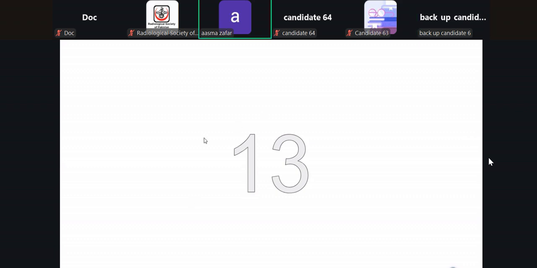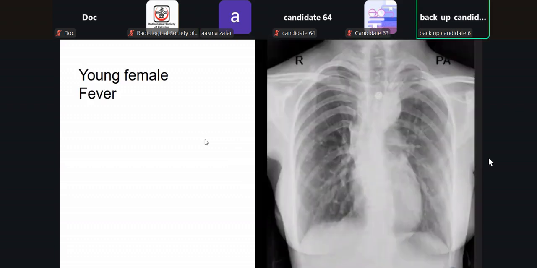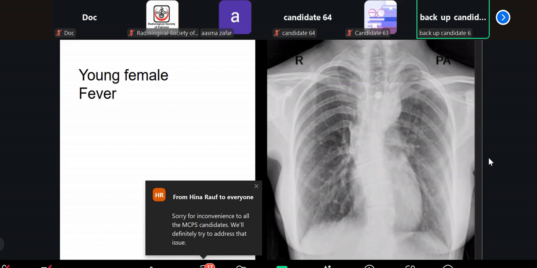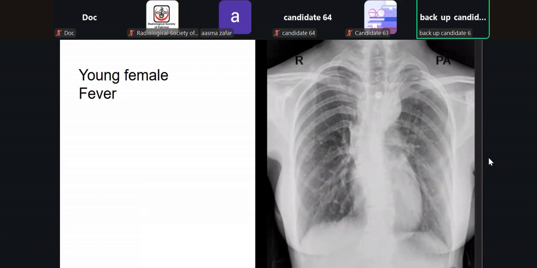Okay, next case. This is a young female patient who presented with fever. This is the chest X-ray PA projection of an adult patient, where the most striking abnormality I can appreciate is prominence of reticulonodular shadowing with some bronchiectatic changes involving both lungs, more in the left middle zone and also the right lower zone.